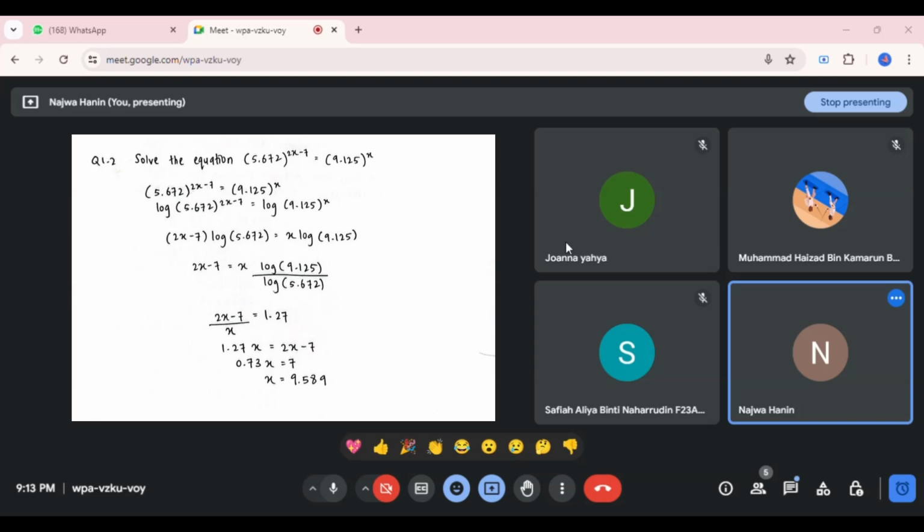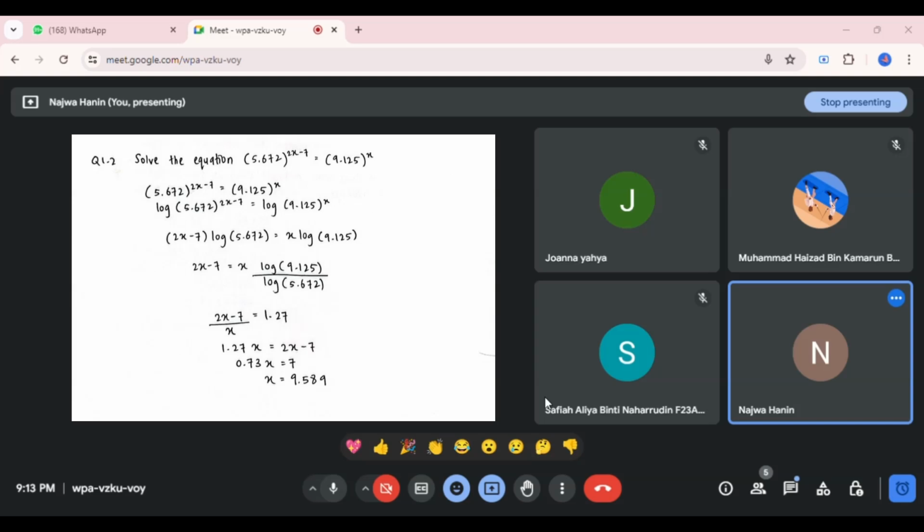Then we move log 5.672 and divide. After that, we move the x to the left side, so we get 2x minus 7 over x equal to 1.27. Then we calculate the value of x and got the answer. So the solution to the equation is x equal to 9.5889. That's all from me.